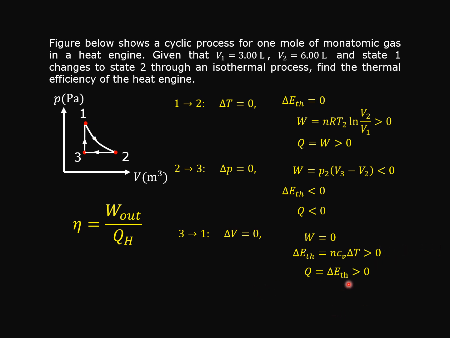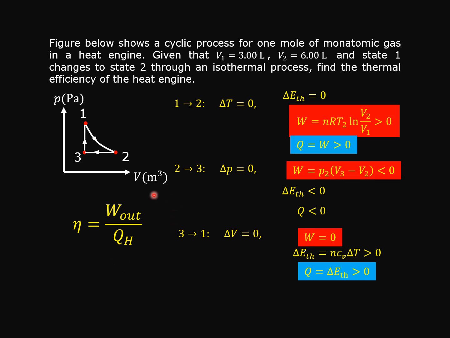Again, from the first law of thermodynamics, Q would be equal to the internal energy change because the work done is equal to 0. Therefore, since this internal energy change is positive, the Q is also positive. That means in the isochoric process, the heat flows into the system.